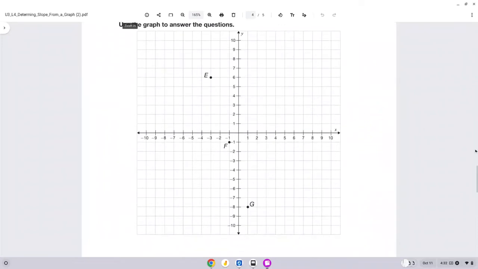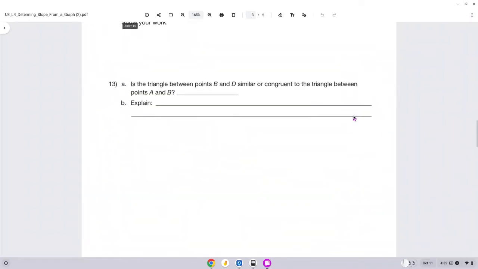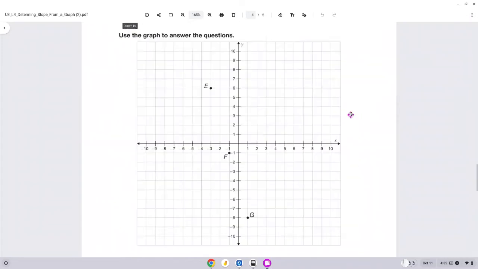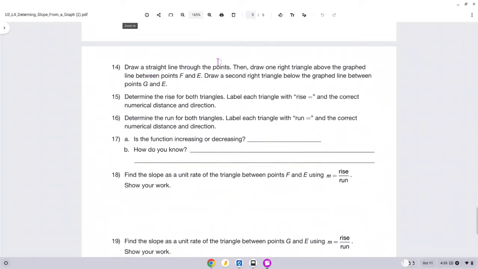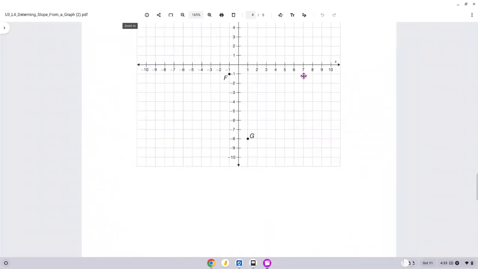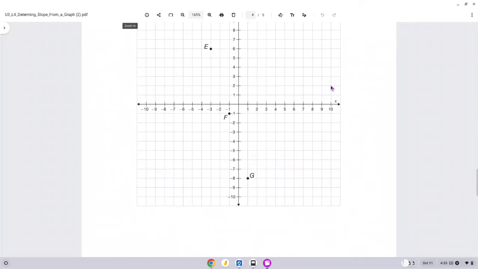And so it actually asked us below: draw a straight line through the points, then draw one right triangle above the graphed line between points F and E. Draw a second right triangle below the graphed line between points G and E. You are going to want to use maybe Paint or some drawing tool.